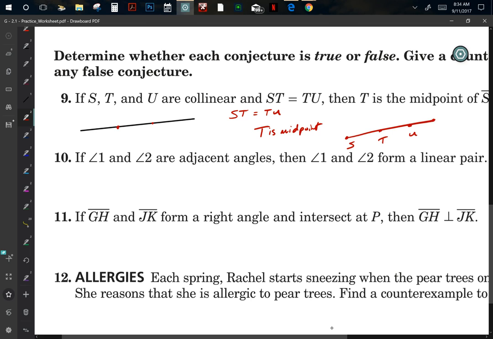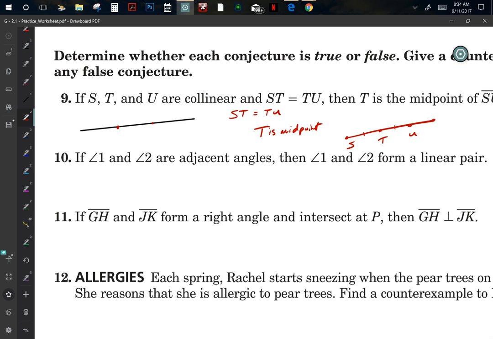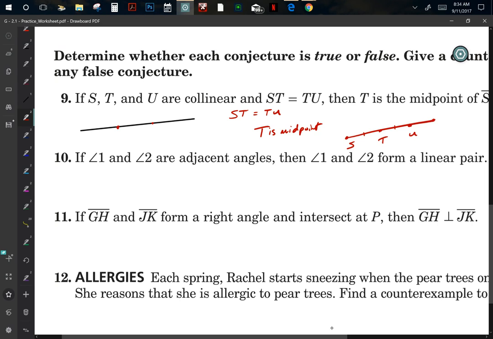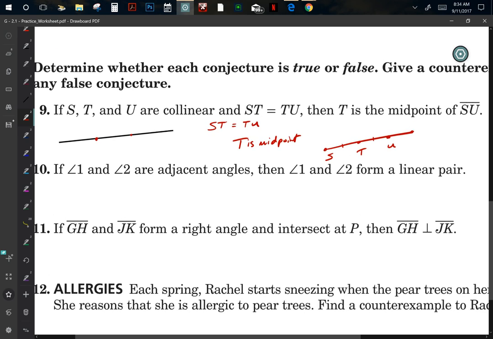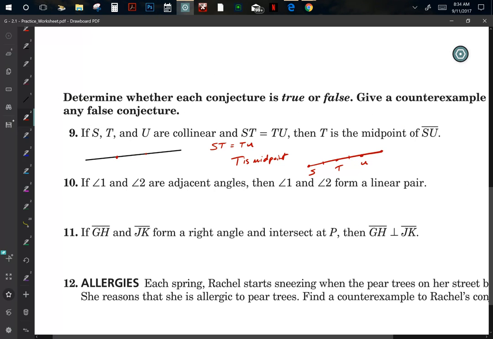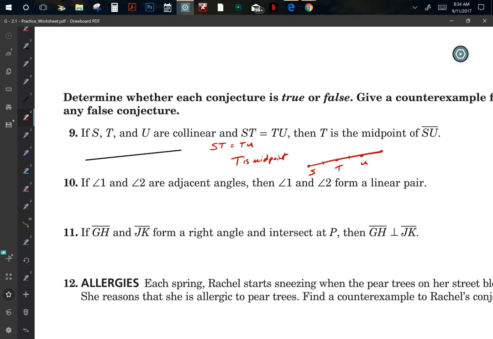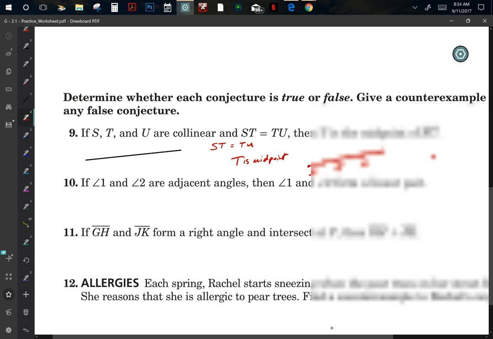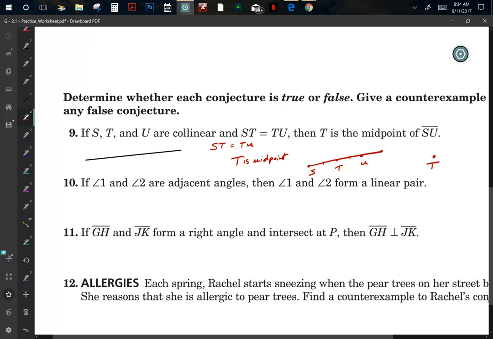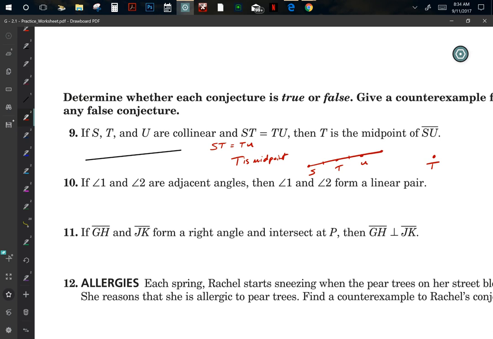I know it's true if that's the case, right? Actually, this is true, isn't it? What do you guys think? Think it through. I've got a point T, and S and U are the same distance from it, right?